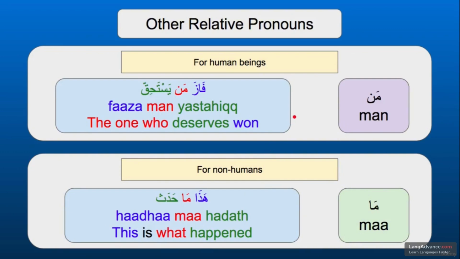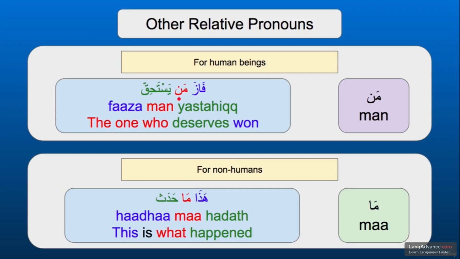And there are other relative pronouns that we can see. For example, we have من, and this is also a question word. So let's see an example of it. Something like فاز من يستحق. فاز من يستحق. So من here means the one who.